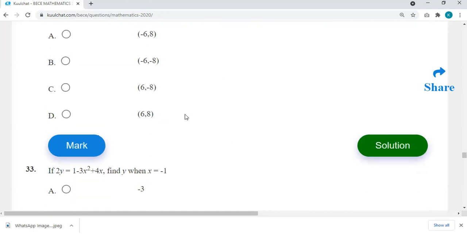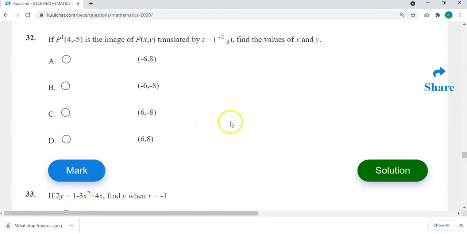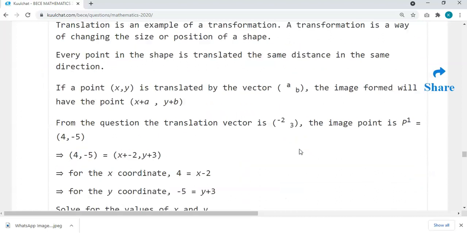So let's continue. It says the point 4, negative 5 is the image of P(x, y) translated by r, which is the vector (negative 2, 3). Find the values of x and y. There's a general formula for translation.